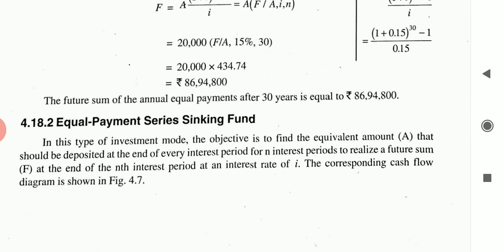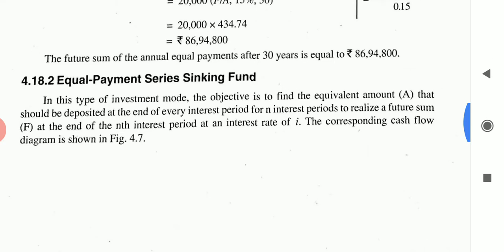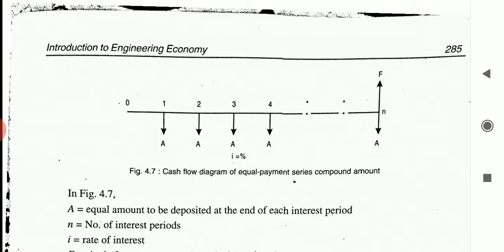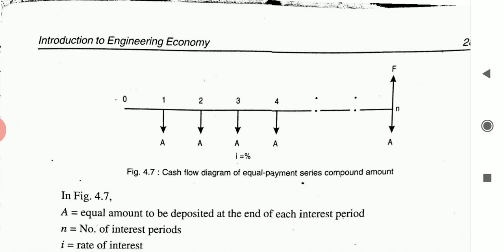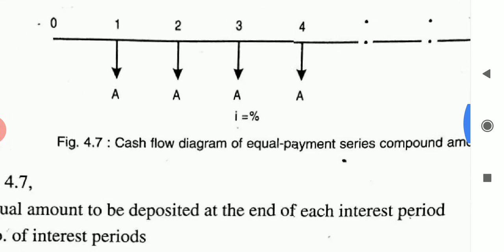Okay, the next concept is equal payment series sinking fund. Okay, see here, in these cases what will happen? An equal amount A should be deposited at the end of every interest period for n interest periods to realize a future sum F at the end of the nth interest period at an interest rate of I. The corresponding cash flow diagram is like this.